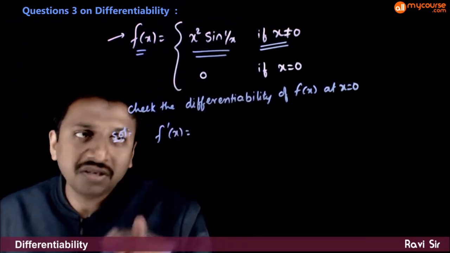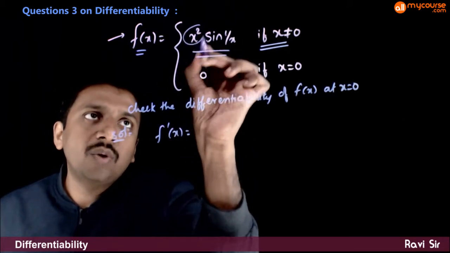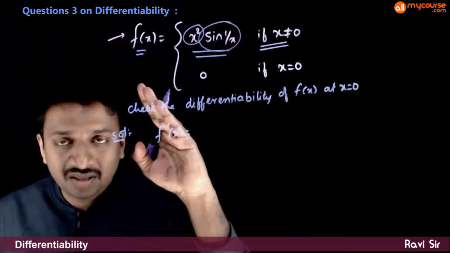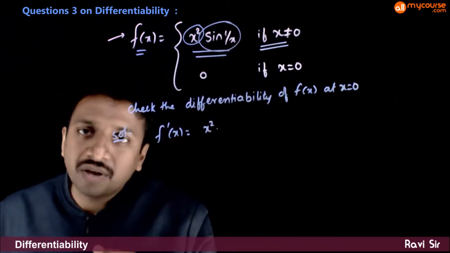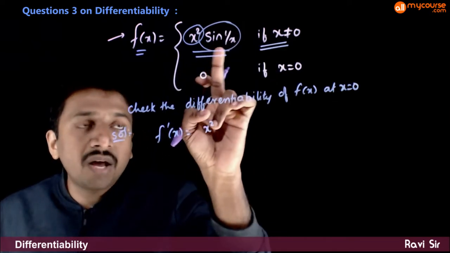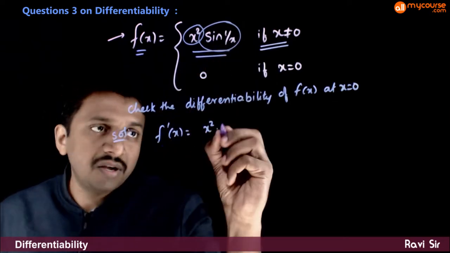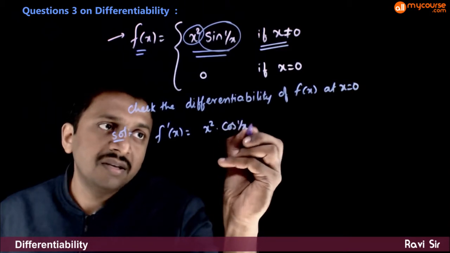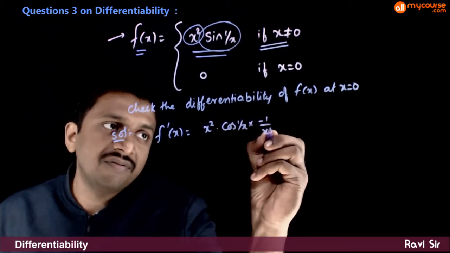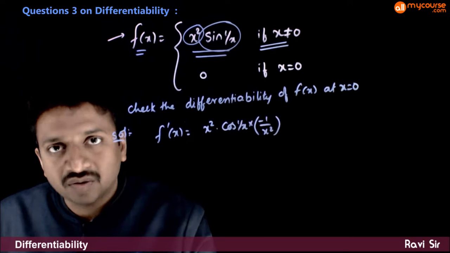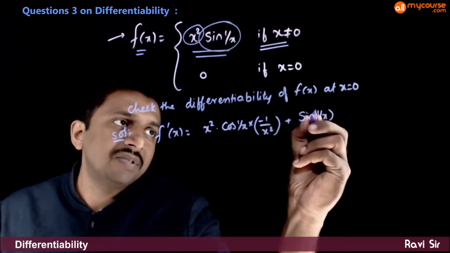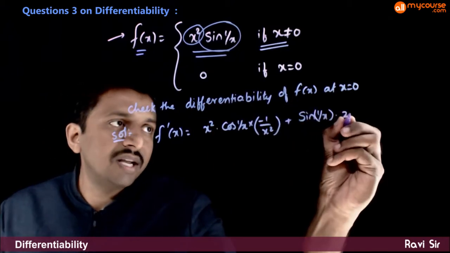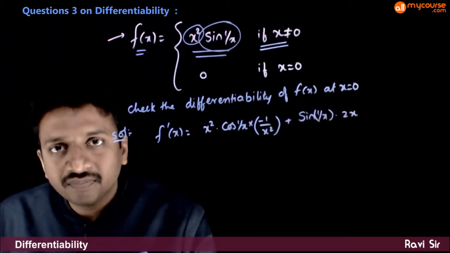This is x square into sine 1 by x, a product function. So x square times the differentiation of sine 1 by x. Sine 1 by x is a composite function. So you get cos 1 by x times 1 by x's differentiation, which is minus 1 by x square, plus sine 1 by x times differentiation of x square, which is 2x.